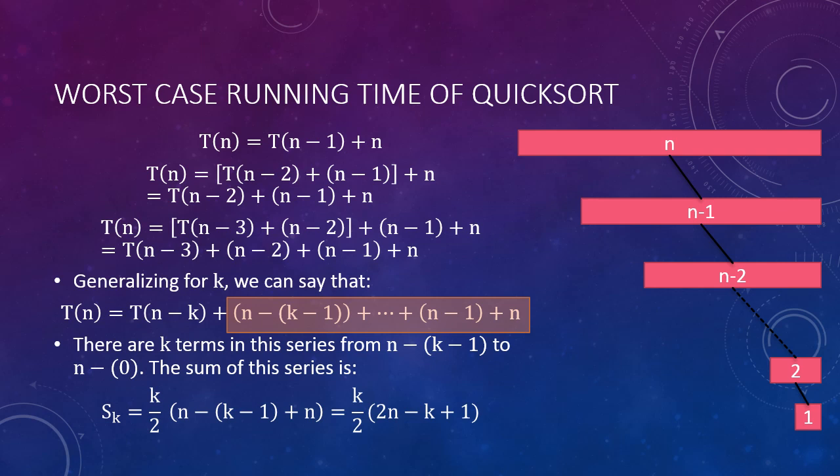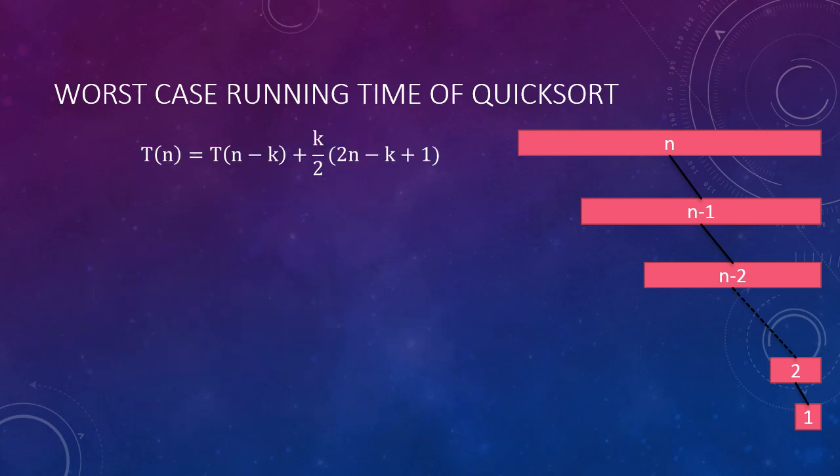I have used this formula to get the summation equal to k by 2 times n minus k plus 1. I can replace the whole series in the orange box with this summation. And I do this replacement.